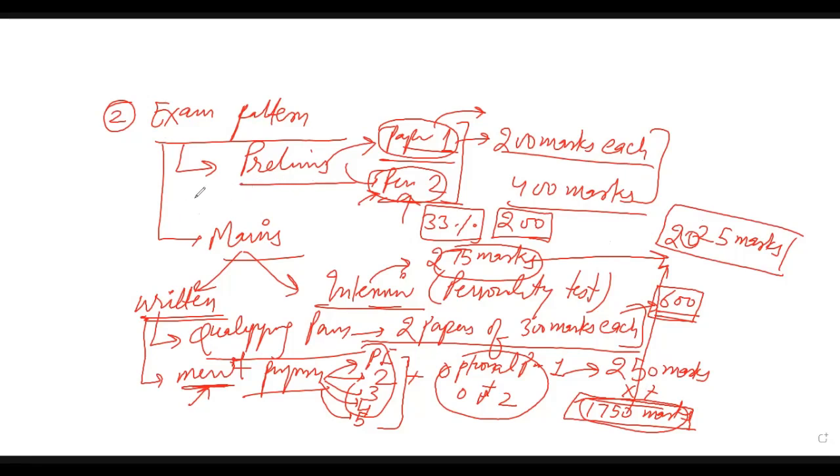Now let us understand briefly the examination syllabus. The third part is the syllabus. First let us discuss prelims. As we have discussed, there are two papers conducted at this stage, paper 1 and paper 2.